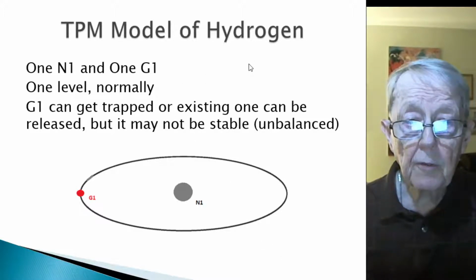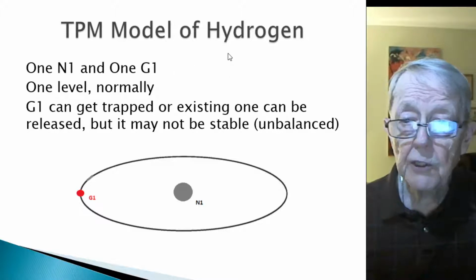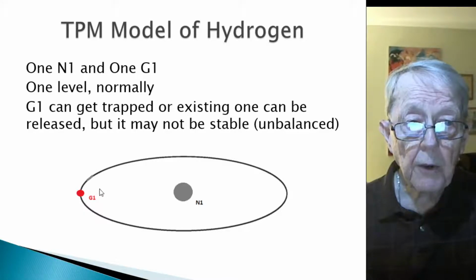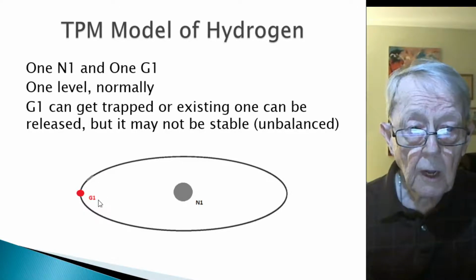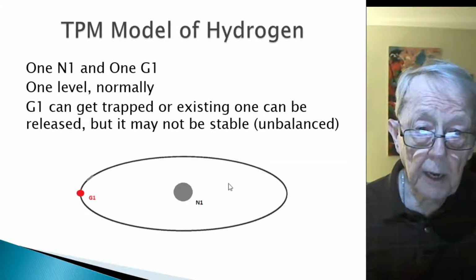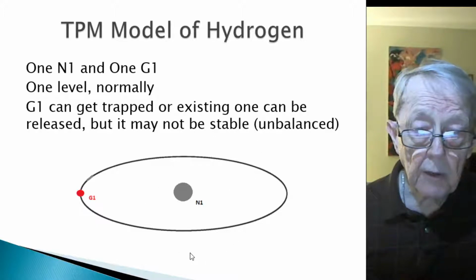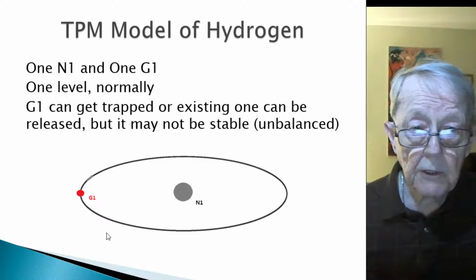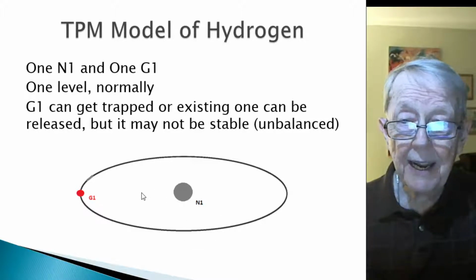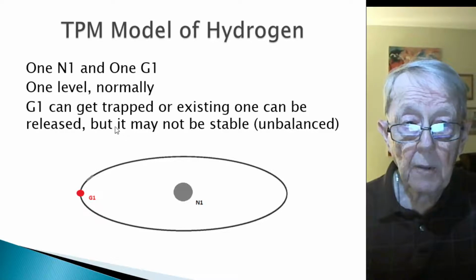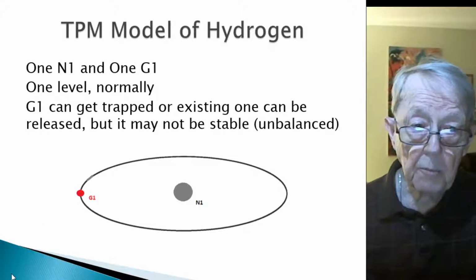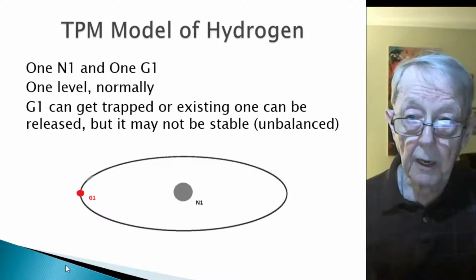The model for hydrogen in the particle model is there's one N1, one G1, one level normally. A G1 can get trapped. If another G1 comes along, it can take a different orbit, get trapped, and then I don't know whether it's the same plane or a different plane or what. I don't know that. Just that it can get trapped, or an existing one can be released, can get hit and leave.